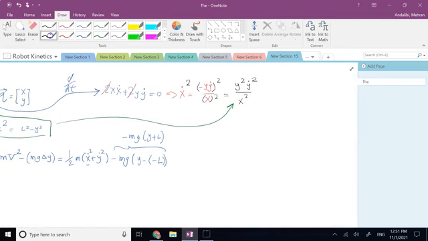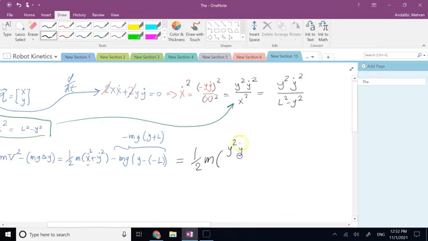If I do so, you will get y squared, y dot squared over L squared minus y squared. This is your x dot squared. So if you plug it down here, you will get 1/2 m times x dot squared plus y dot squared, and then minus mg times L plus y. Right? So as I said, you bring this guy and plug it right here.